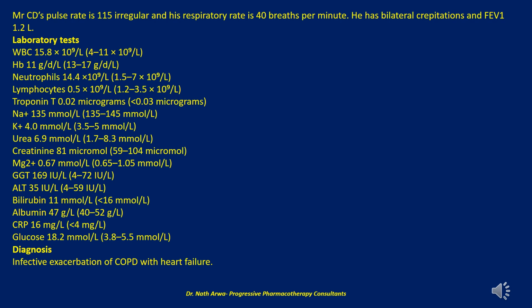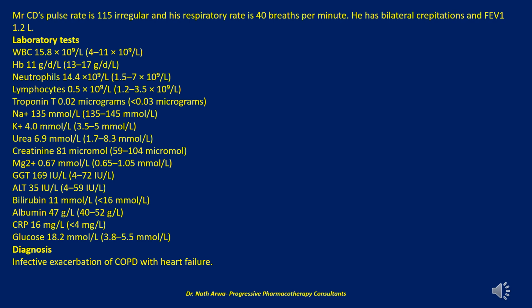Neutrophils 14.4 times 10 power 9 per liter. The normal range is 1.5 to 7 times 10 power 9 per liter. Lymphocytes 0.5 times 10 power 9 per liter. The normal range is 1.2 to 3.5 times 10 power 9 per liter.